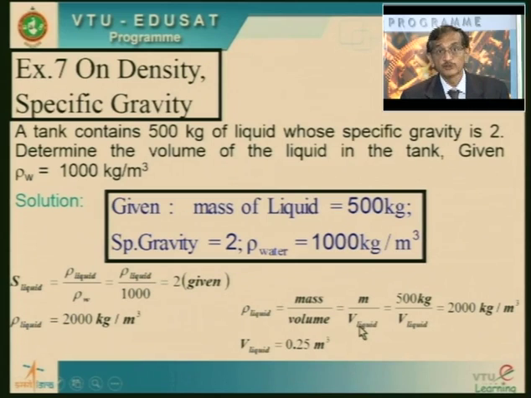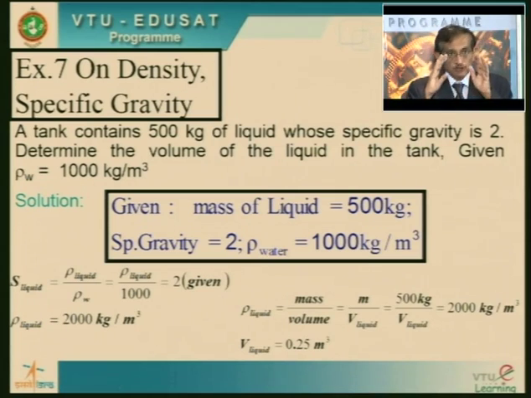Volume of the liquid I do not know, but the density of the liquid I know as 2000, I will substitute here. So, you can see here 2000 is here, 500 is there. When you calculate volume of the liquid, the answer will come as 0.25. Is it okay? So, this question is a very interesting question, very nice.